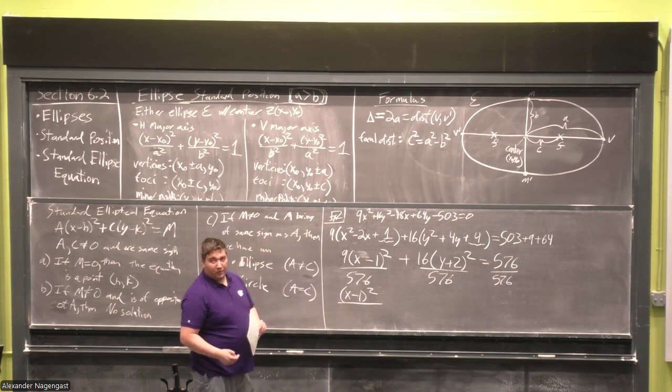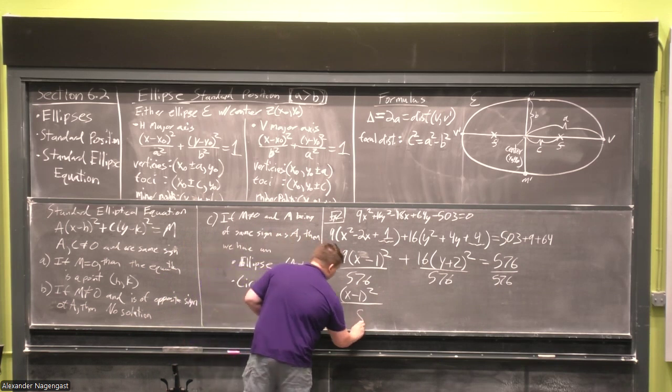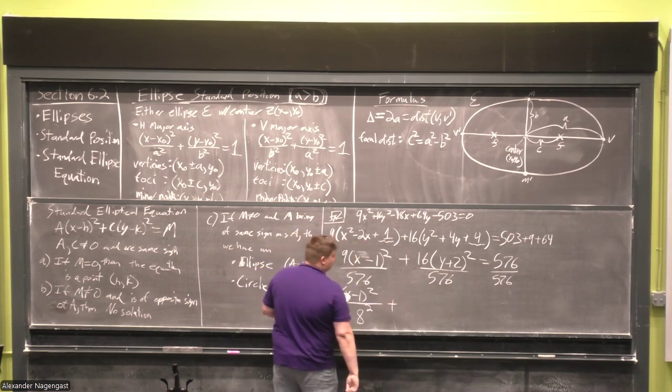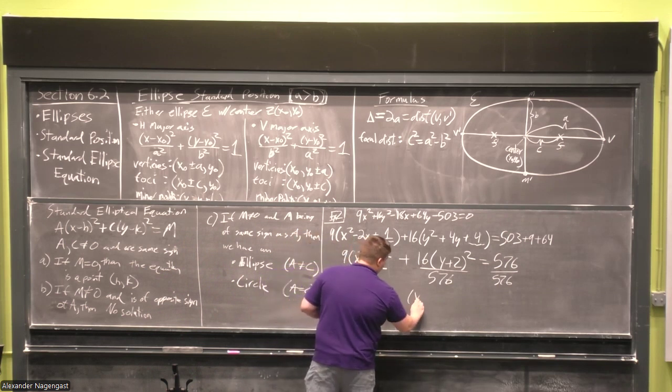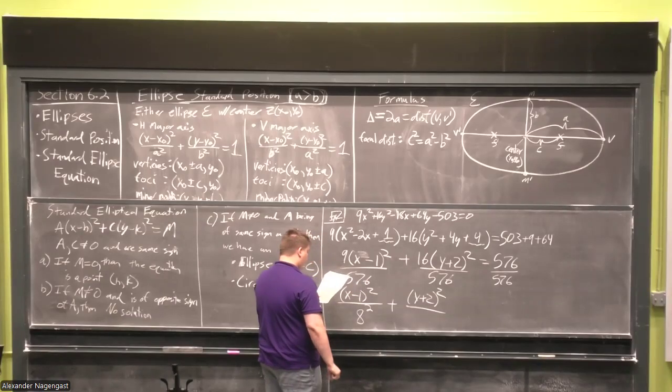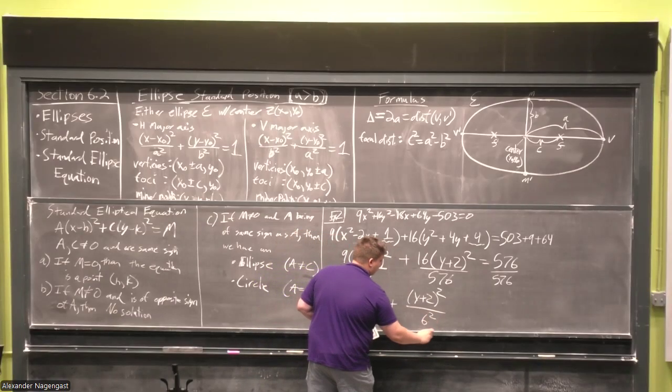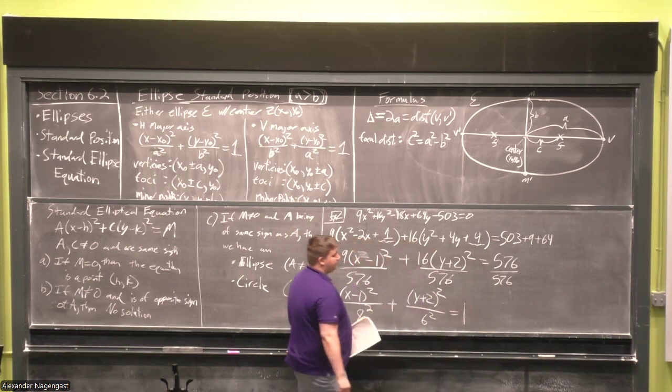Well, we want this to get our a's and b's. So what is the square root of 64? That is 8. So I'm going to write this as 8 squared, plus y plus 2 squared all over 36. Well, that is 6 squared. This is equal to 1.